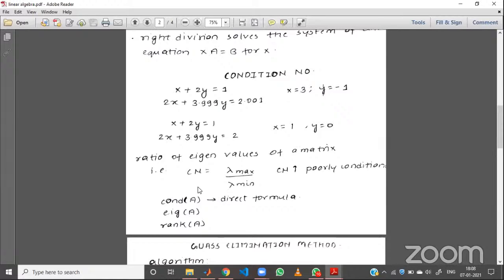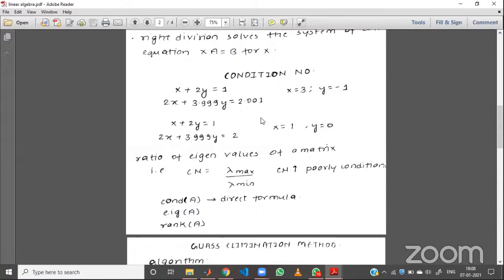So in MATLAB, we have certain means we can say least count. These two equations which you see here, x plus 2y equals 1 and 2x plus 3.999y equals 2.001, have the solution x equal to 3 and y equal to minus 1.